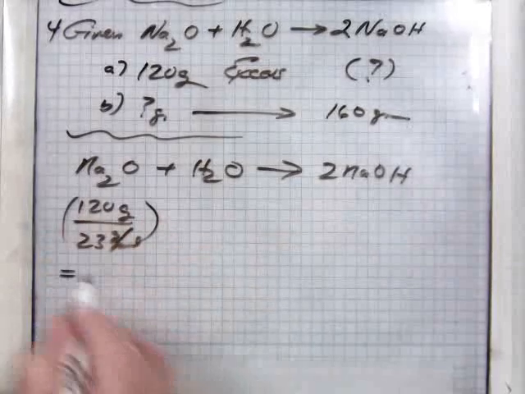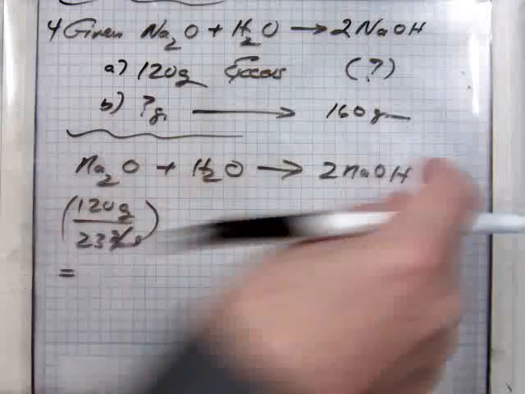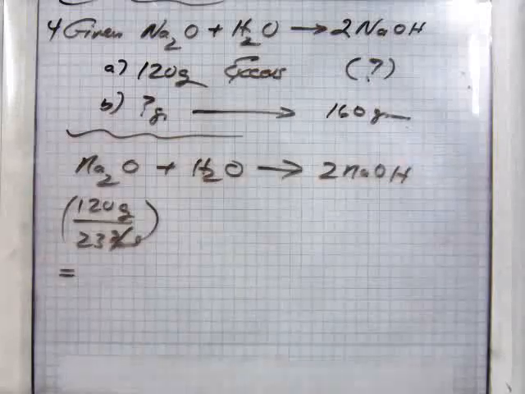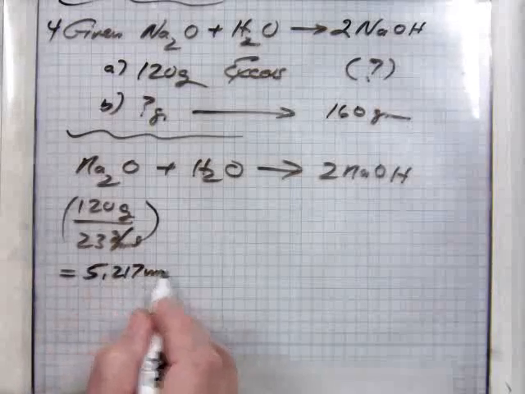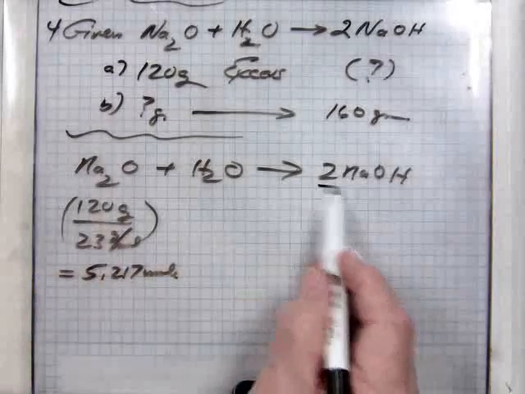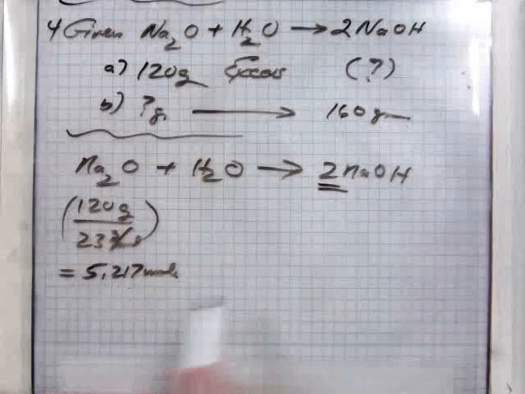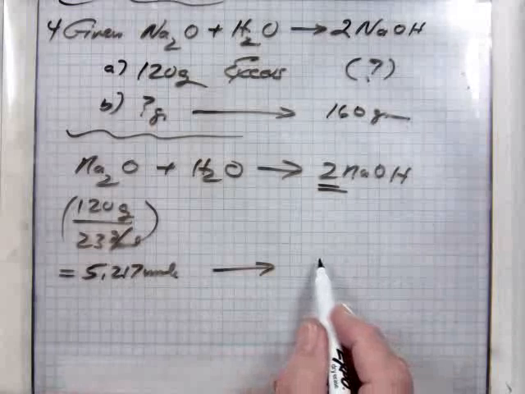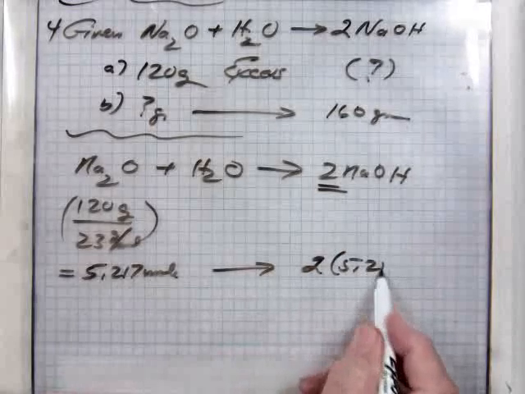Because I want to get in moles, and then compare it to the standard equation, which is what we've just written. And that's 5.217. Okay. So 1 will give you 2. 5.217 will give you, how do I get that? 2 times 5.217, wouldn't it?